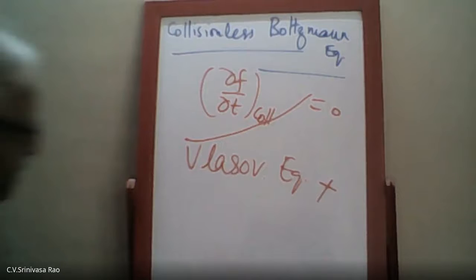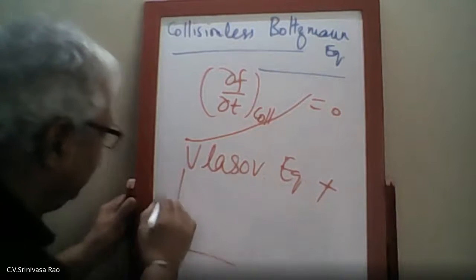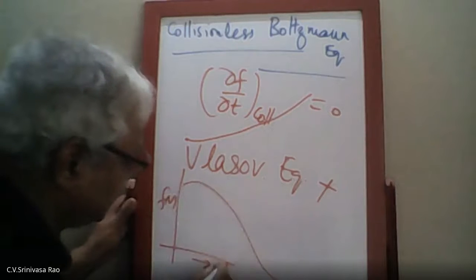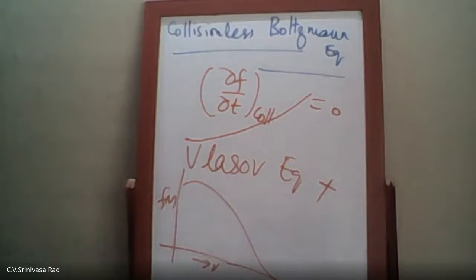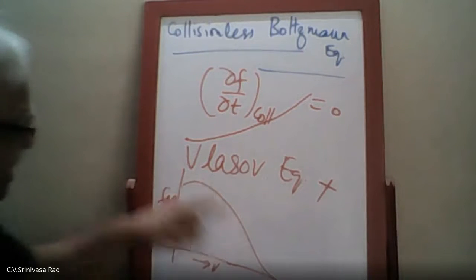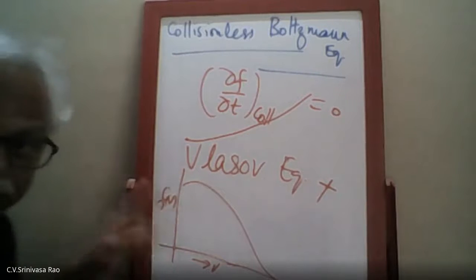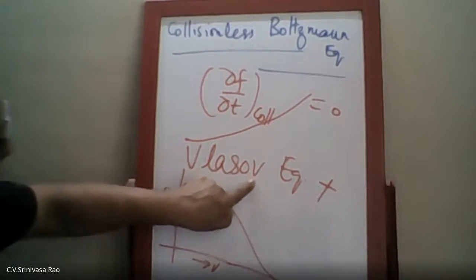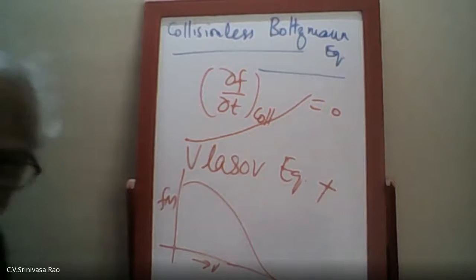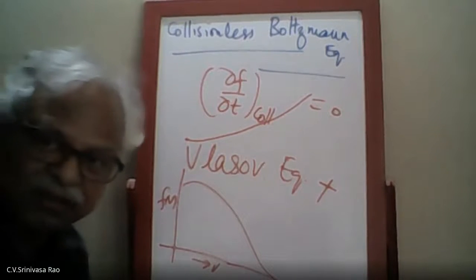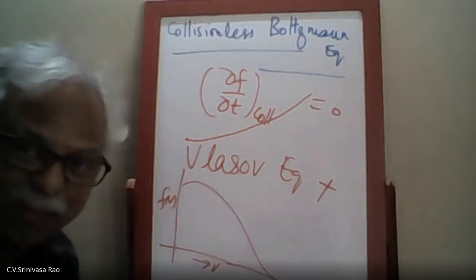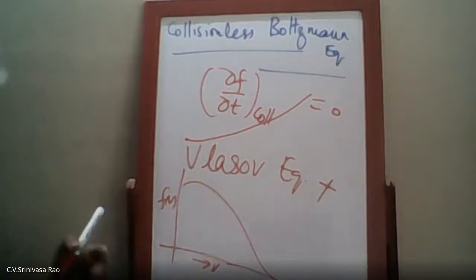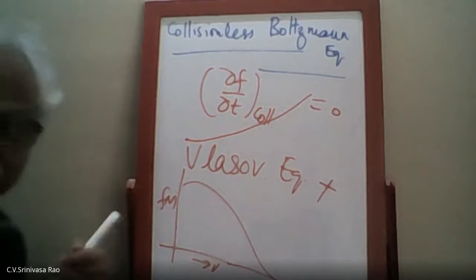I told you Maxwell's distribution is f of v versus v. It will have a distribution of this kind. So particles are distributed in velocity like this, and that happens only if there are collisions. And because in the Vlasov equation, I have not put collisions precisely, I have only taken the effect of charged particles from a distance.